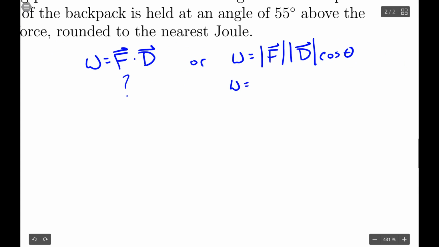Work is the size of the force, which was 50, measured in newtons, multiplied by the displacement, which is 20, measured in meters, multiplied by cosine of 55 degrees. That's the angle between these two.